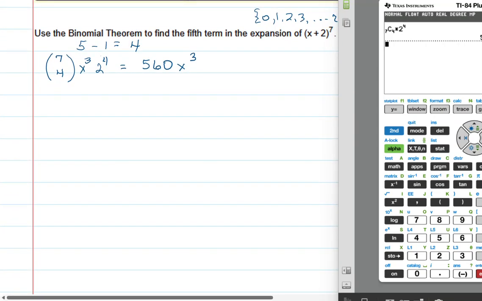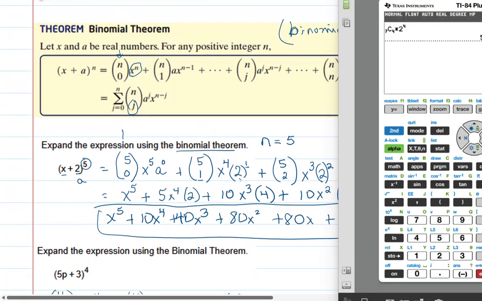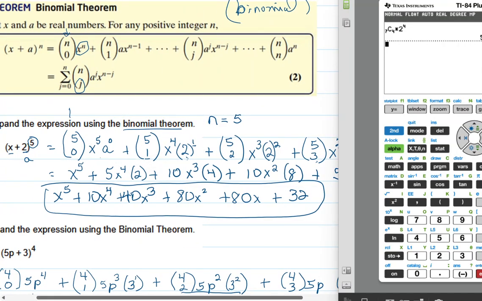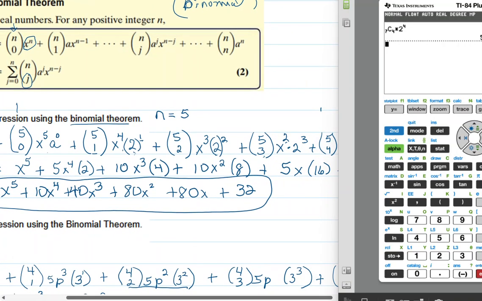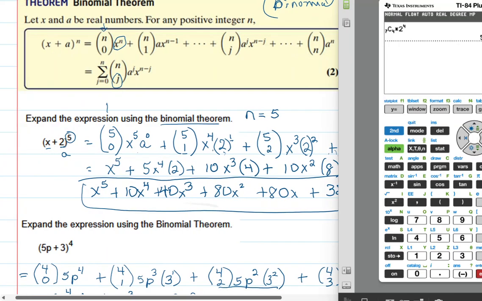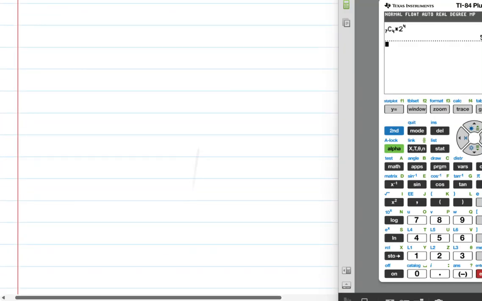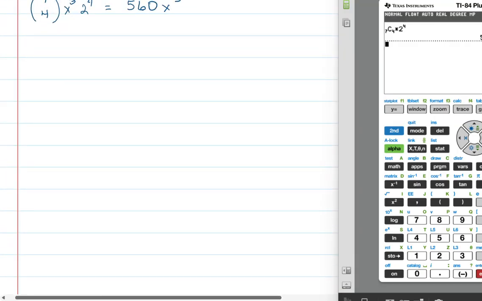If we looked at what we did before, all right? Now look at this one, 5. If we wanted the 4th term, 1, 2, 3, 4, it was this guy. And notice it's a 3. It's 1 less. Everybody cool? All right. And I think that's all I did, isn't it?